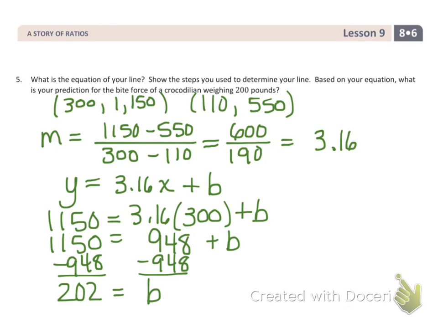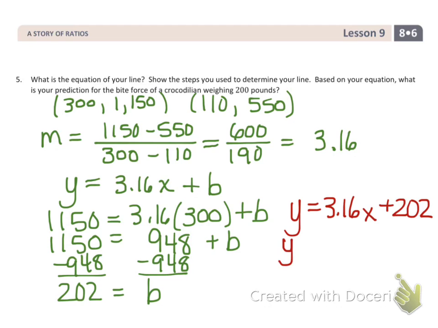So the equation of my line now is y equals 3.16x plus 202. Now we're being asked to use this equation to predict the bite force of a crocodile weighing 200 pounds.